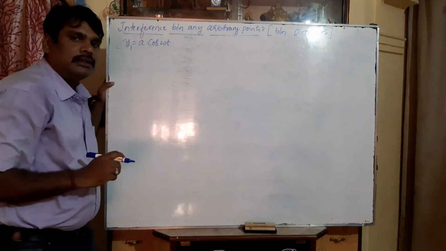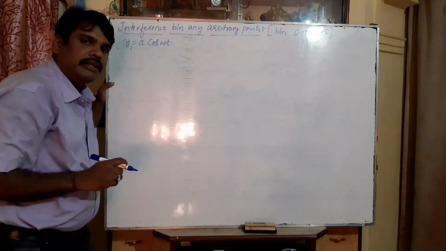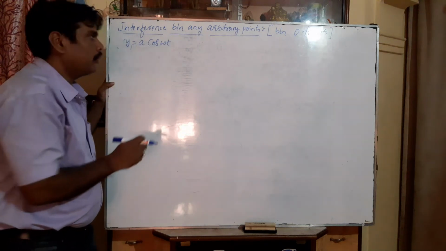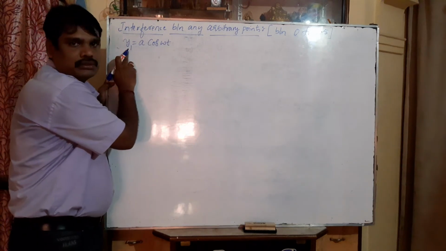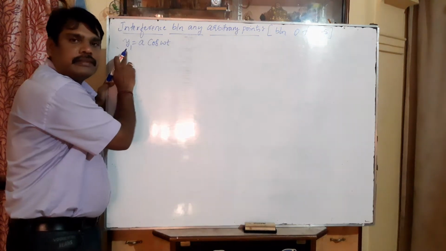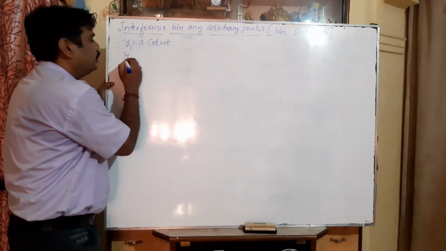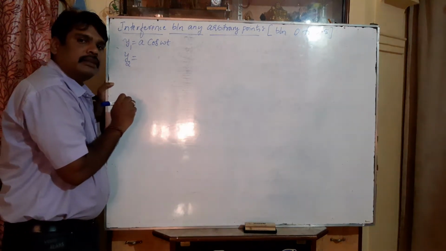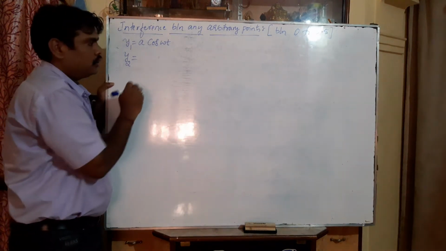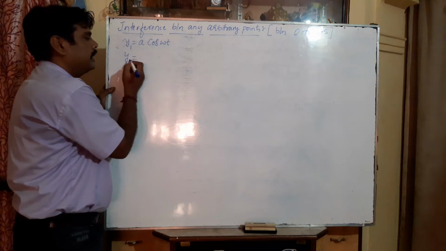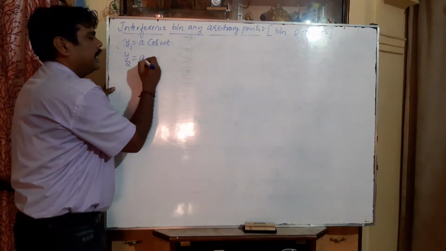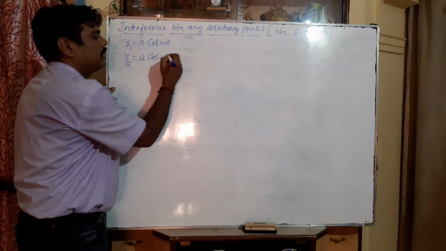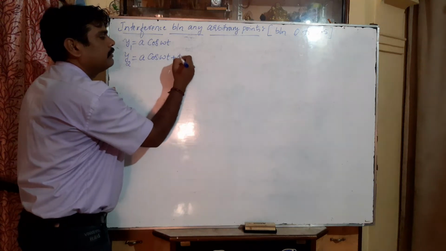This is the wave pattern which can reach the particular arbitrary point from the first source. Y1 is the displacement from the first source and y2 is the displacement from the second source. So the wave that can reach the particular point is y2. y2 is equal to a into cos omega t plus phi.